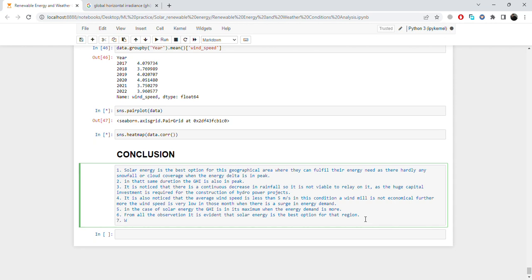The wind speed in this area is, okay, we will not generalize the statement like very low or something, we will just state the fact: it is not suitable for energy production.